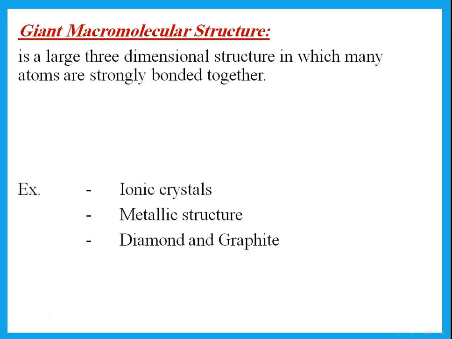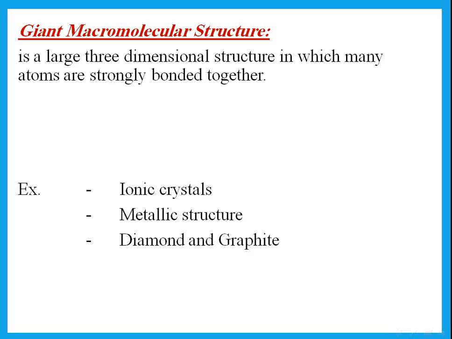Other compounds, actually they may be compounds or elements, have giant macromolecular structure. The word macromolecular means giant, okay? Macromolecular structure is a giant three-dimensional structure in which many of the atoms are strongly bonded together.